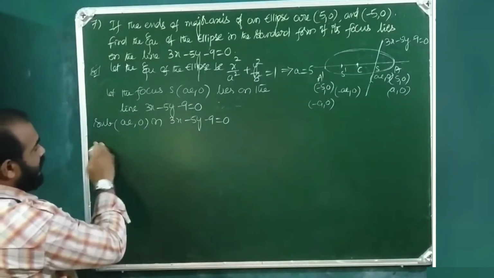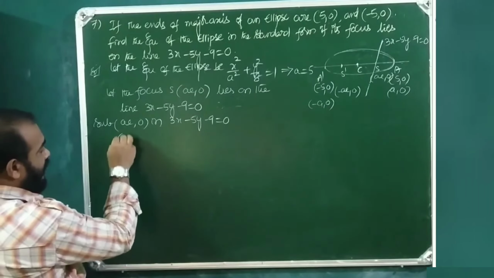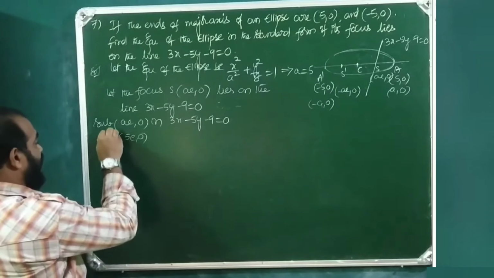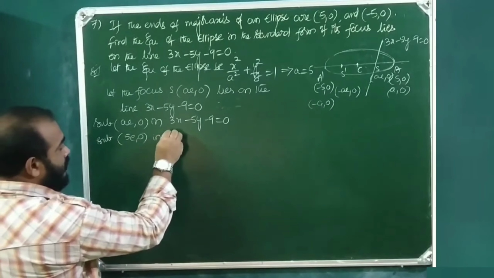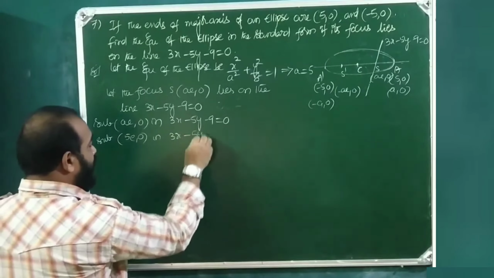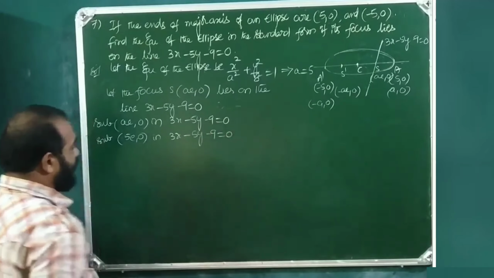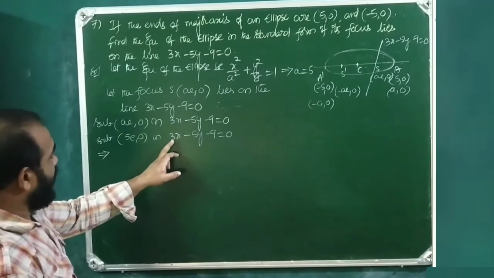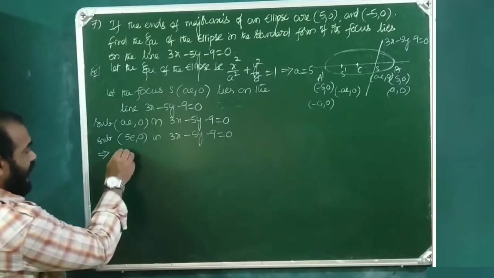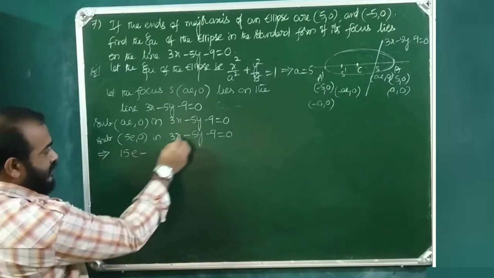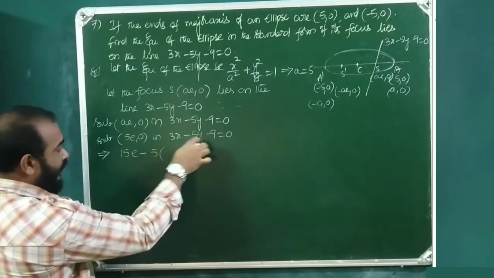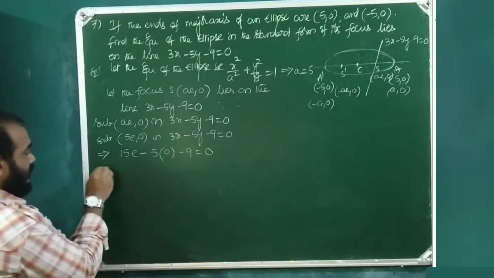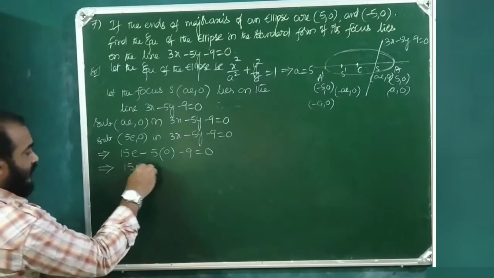So that is (5e, 0). Substituting (5e, 0) in 3x minus 5y minus 9 equals 0: 3 into 5, 15e, minus 5 into the y value 0, minus 9 equals 0. This gives 15e equals 9.